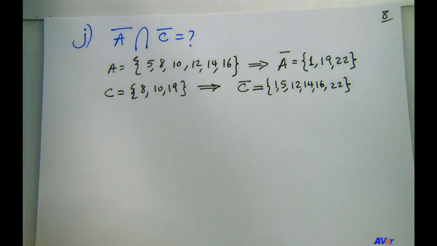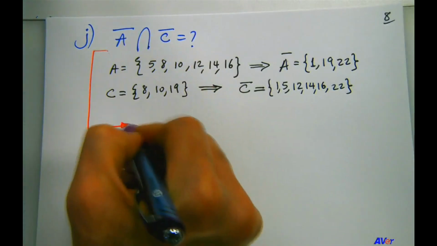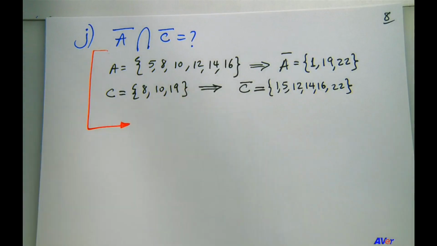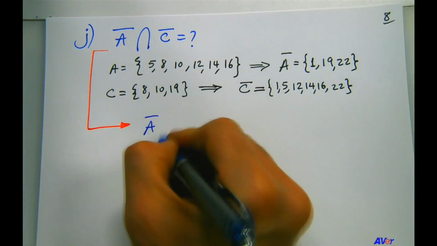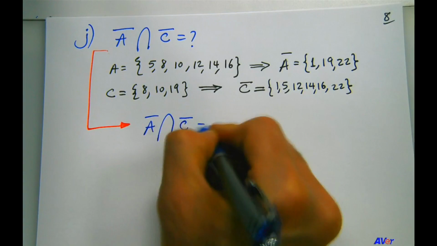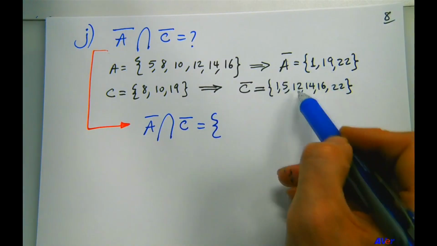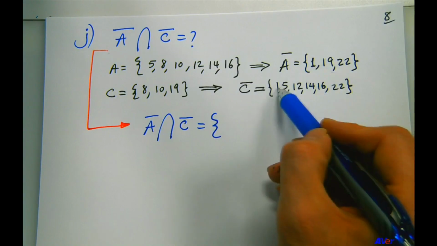So, therefore, A bar intersection C bar are any elements that are common to both sets. So 1, 1.